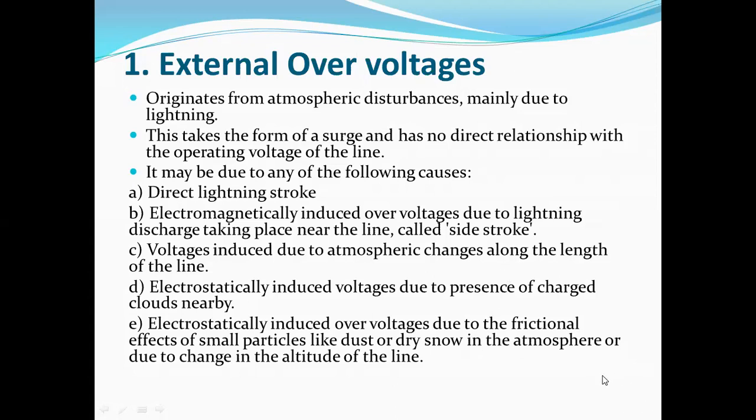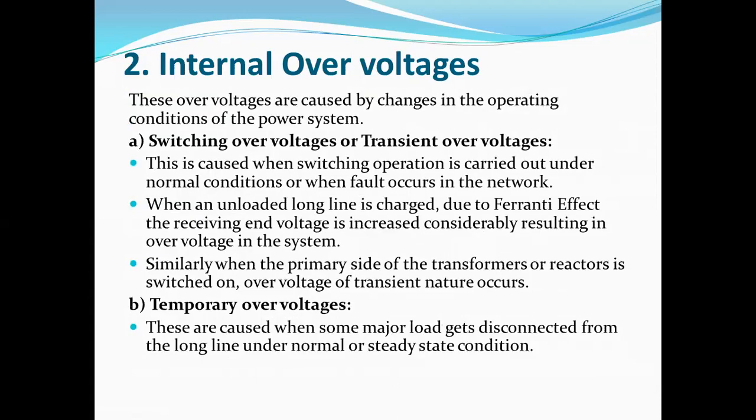Okay, now similarly, there are some internal over voltages. These are the causes due to which over voltage will occur. These over voltages are caused by changes in operating conditions of the power system.